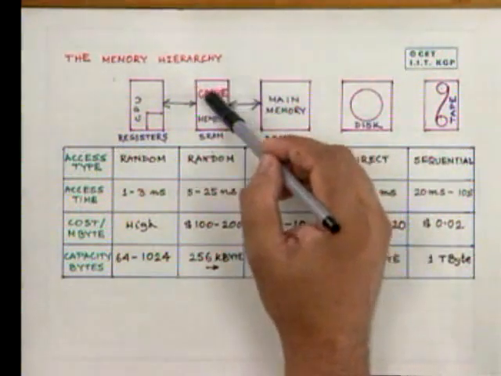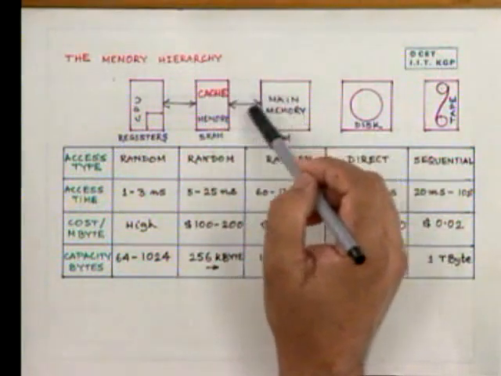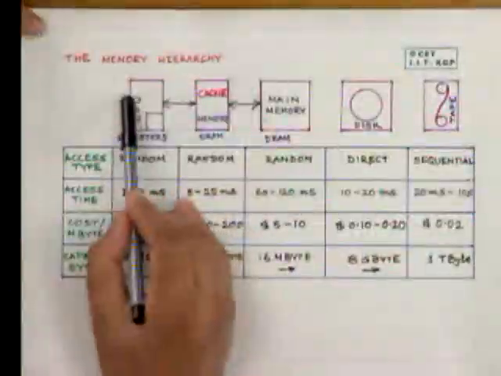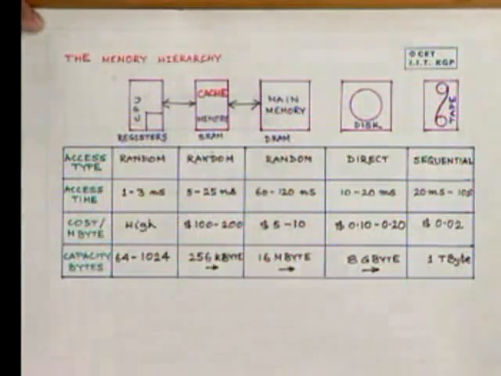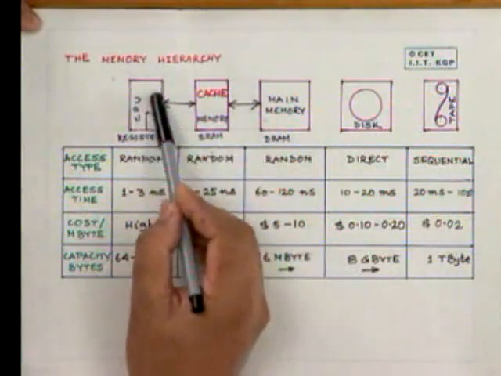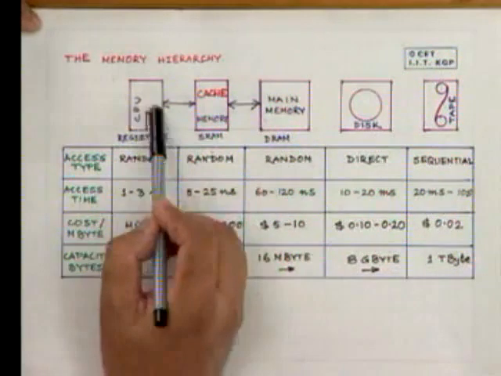By means of the cache memory, we can realize the illusion of having a very high speed memory with actually a very high capacity memory in reality. Now, this therefore constitutes a memory hierarchy between the main memory, cache memory, the CPU registers and the level 1 cache here.